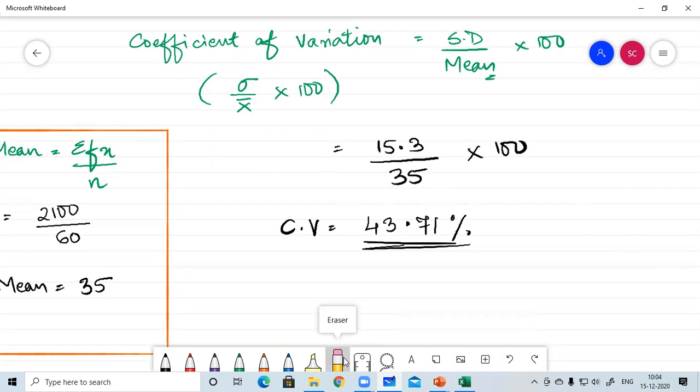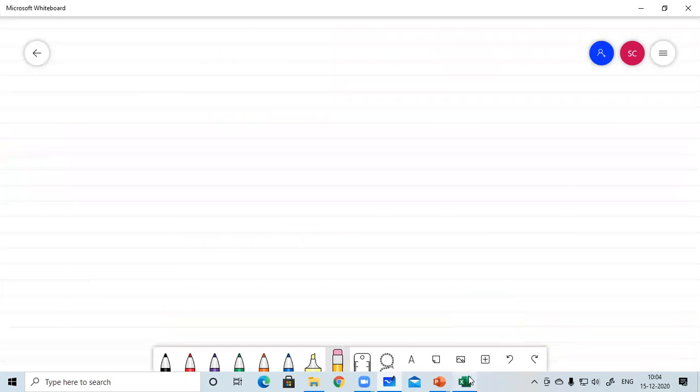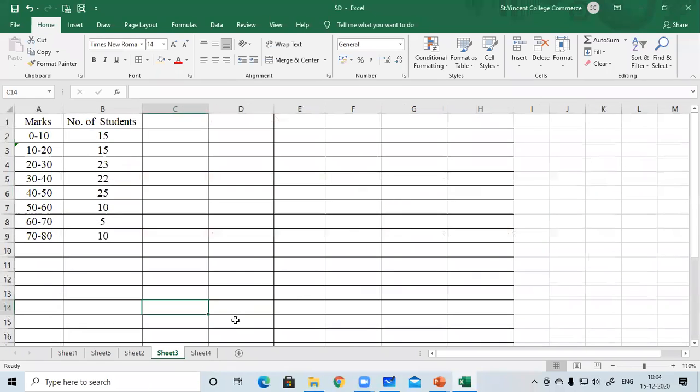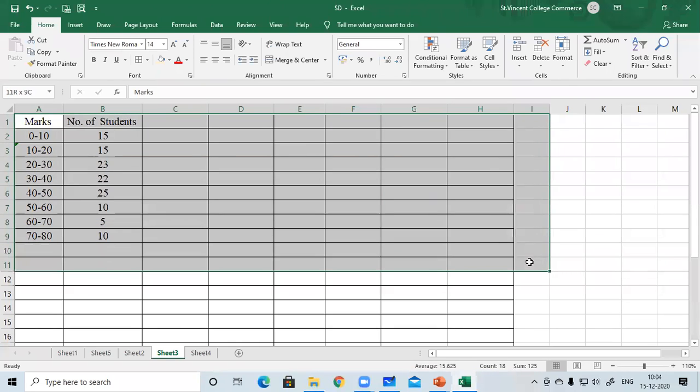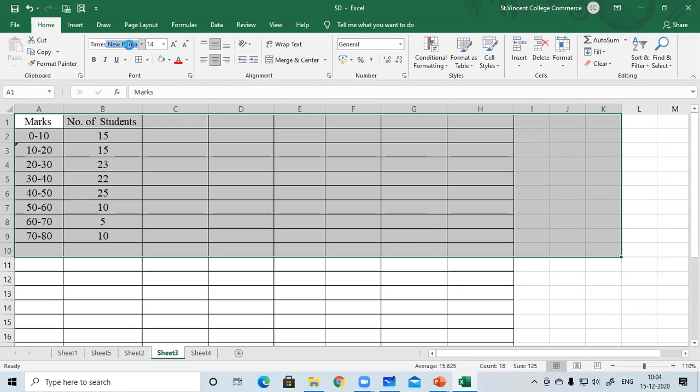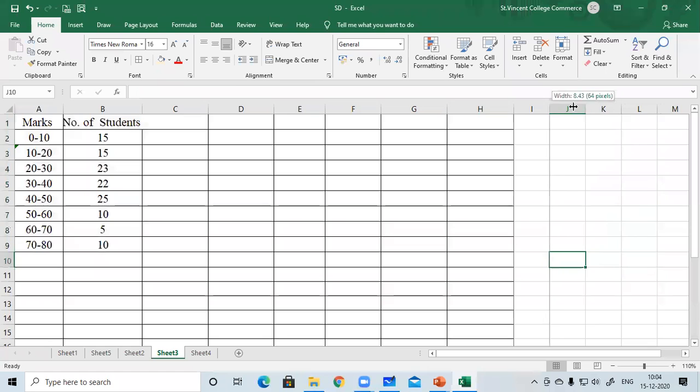I'll just clear the canvas here. It's a new sum now. Similar sum. Now again, we have to do standard deviation.